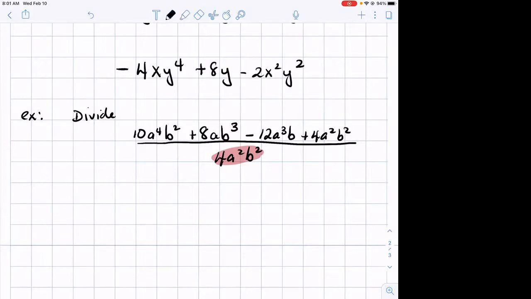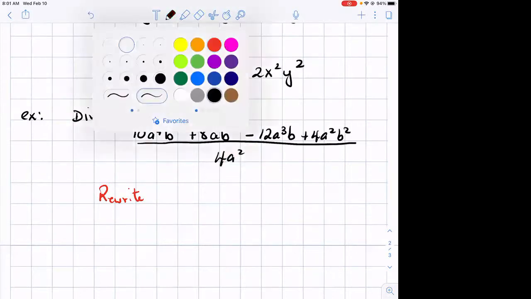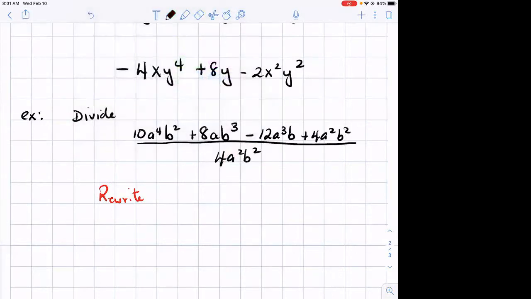So all we have to do is rewrite this. Now here is the reason I urge you to rewrite. Because if we don't rewrite, a common mistake is that sometimes, notice that this term is the same as that term, and some people just cancel them out and say that this is the answer.